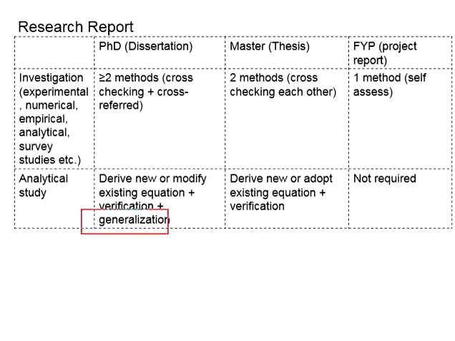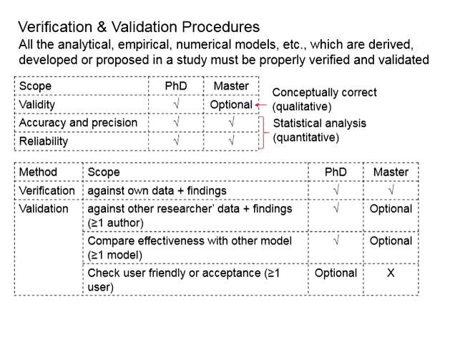You know that there is one more item in terms of generalization. That means whatever you have acquired from the research study in the PhD shall not be constrained within your own research. Proving the accuracy, reliability, and validity by using your own research may not be sufficient for PhDs. It has to go beyond the study programs that you carry out throughout the research period.